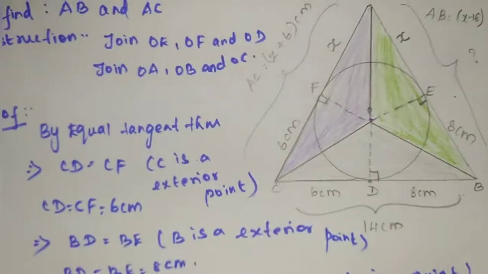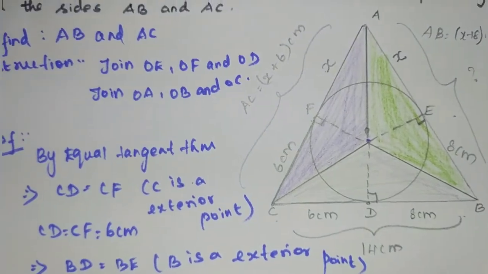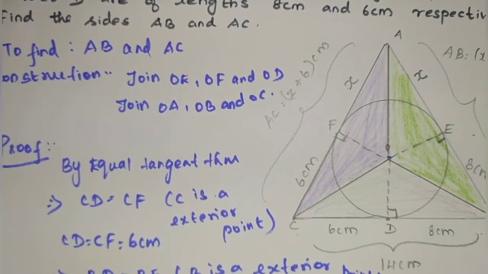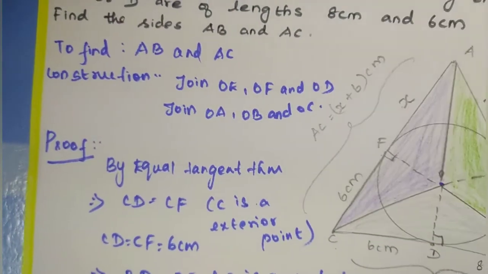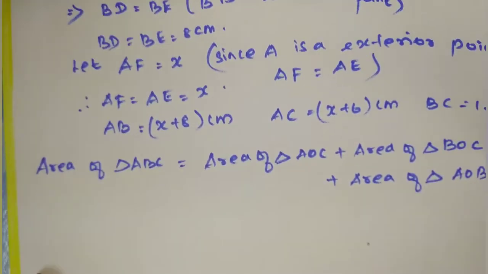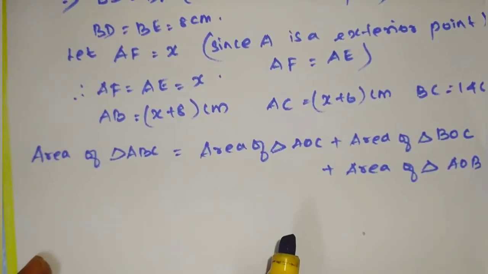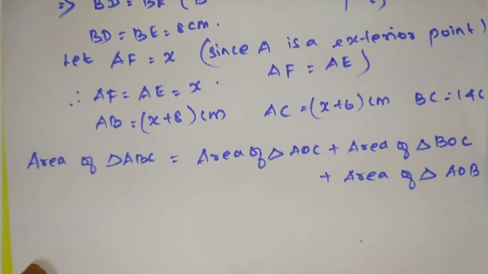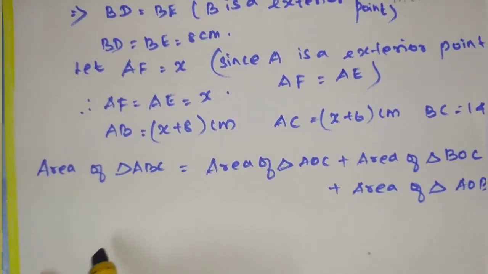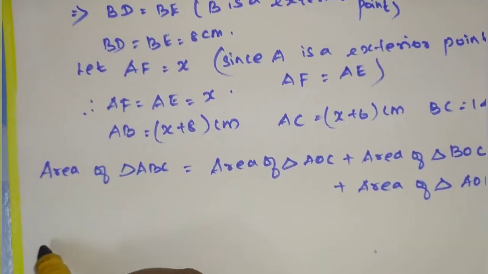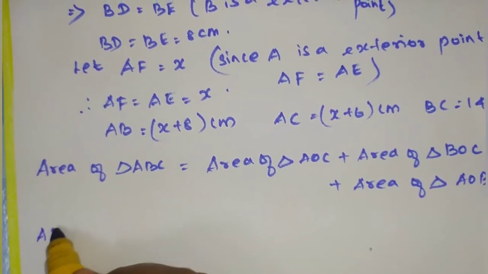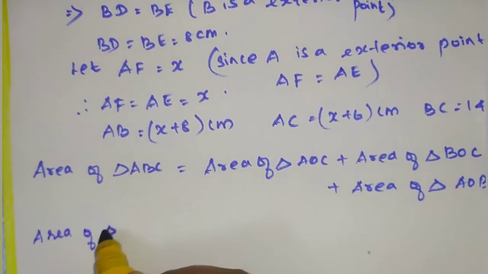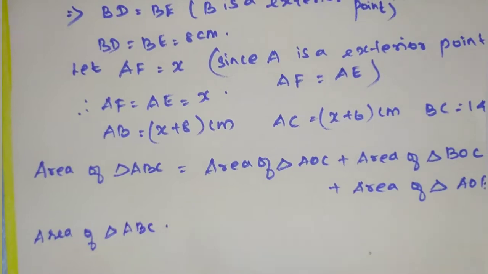We know the sides only. So by which formula do we have to find the area of the triangle? By Heron's formula. If we know the 3 sides, then by Heron's formula only we can find the area of the triangle. So first I am going to find the area of triangle ABC.